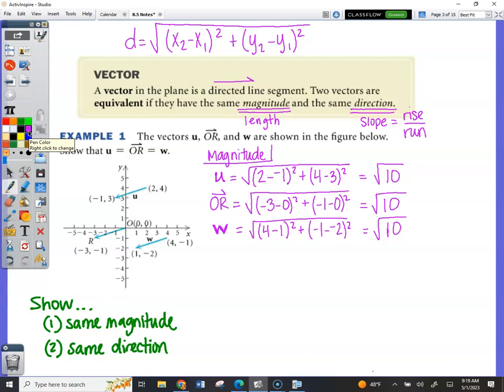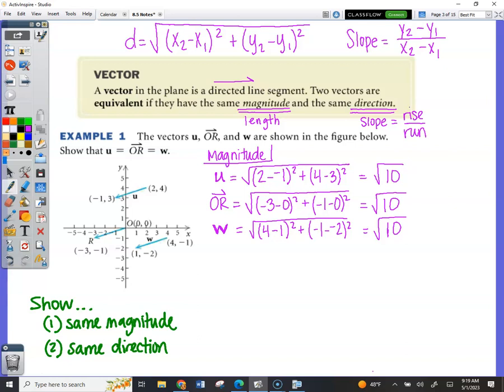So now we're going to go back to your understanding from geometry and algebra 1 with slope. Let's remind you, the slope formula. I'll write it up here since we put the distance formula up there. So slope is, take the y's and subtract it over the x's and subtract it.